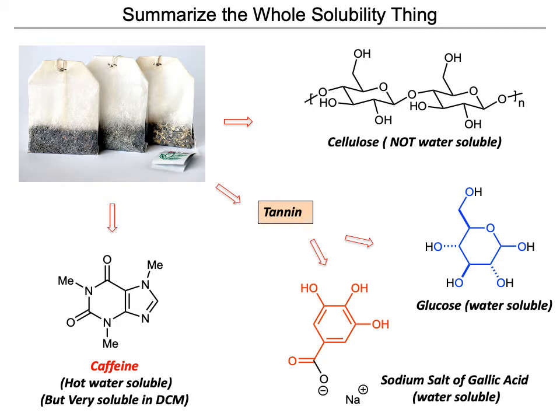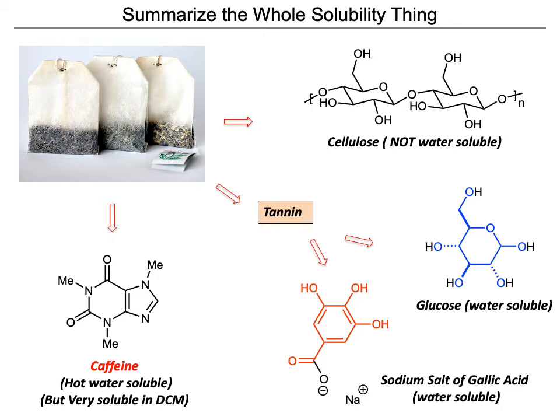So caffeine goes to the DCM phase and leaves the water phase. Tannin stays in the water phase, and we have the tannin decompose into glucose and sodium salt in order to make sure we contain the tannin inside the water phase and not inside the DCM.